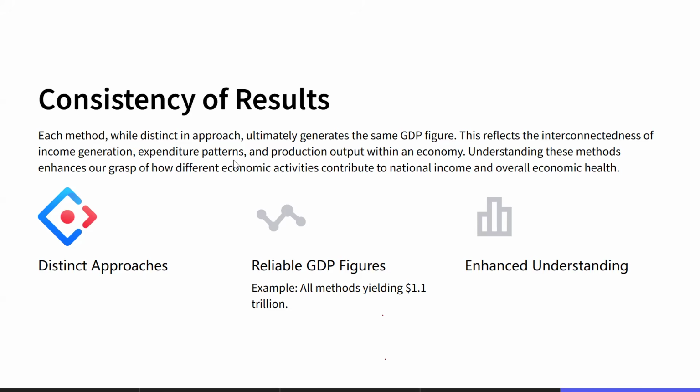How much I'm spending for it, how much money I'm making from selling it, and how much money it's worth. And in those three completely different ways, the answer was the same. So even though you're looking at your GDP using three completely different formulas, looking at it in three completely different ways, it's supposed to add up to the same amount.